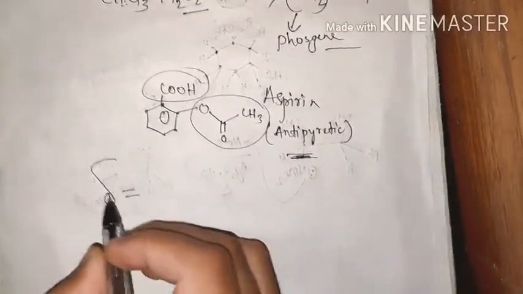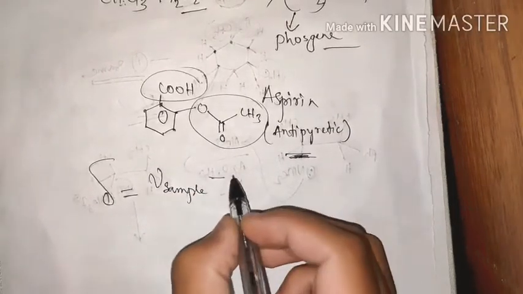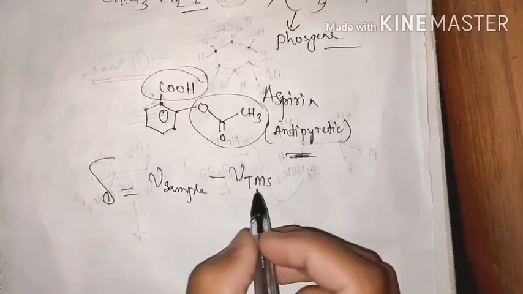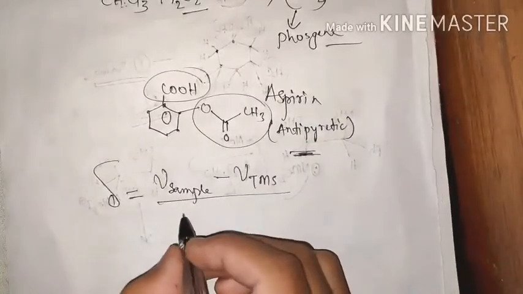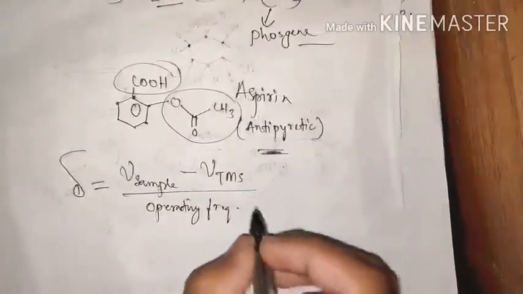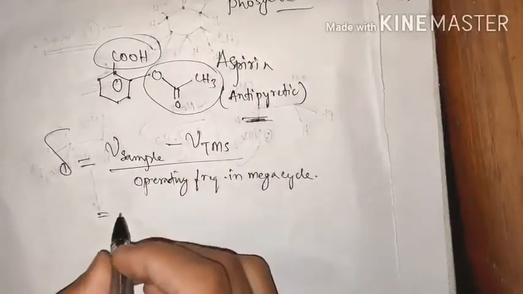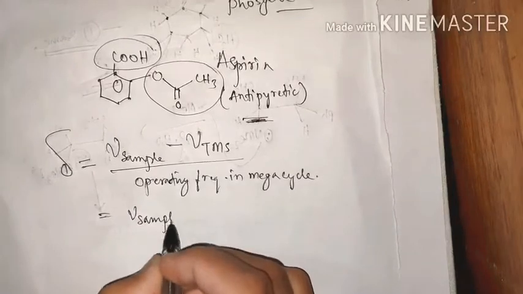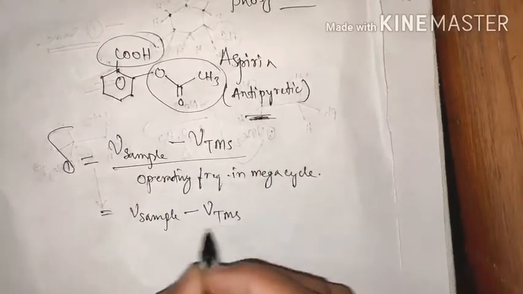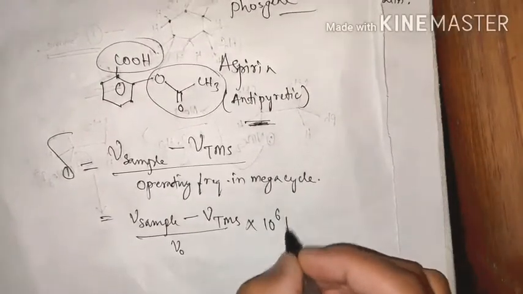The chemical shift delta is usually given by the frequency of the sample minus the frequency of TMS, where TMS means tetramethylsilane, divided by the operating frequency in megacycles, into 10 to the power 6, in parts per million.